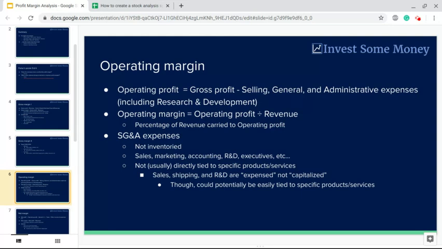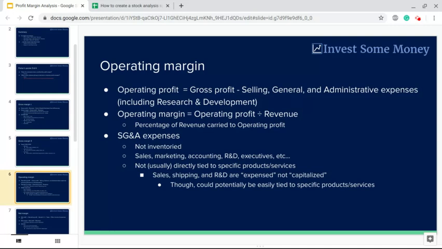So I guess that's the main point I want to make: while SG&A expenses are not usually directly tied to a specific product or service, in the case of marketing, because marketing can be kind of broad, maybe not, but accounting department expenses are spread over every product and service, executives' salaries, etc., spread over everything.